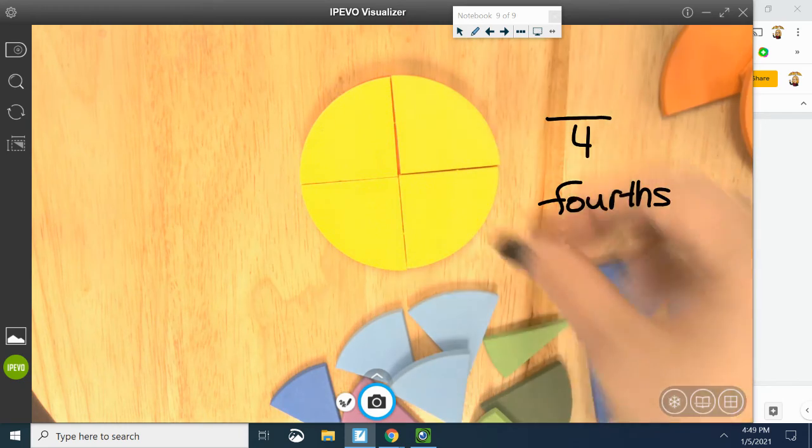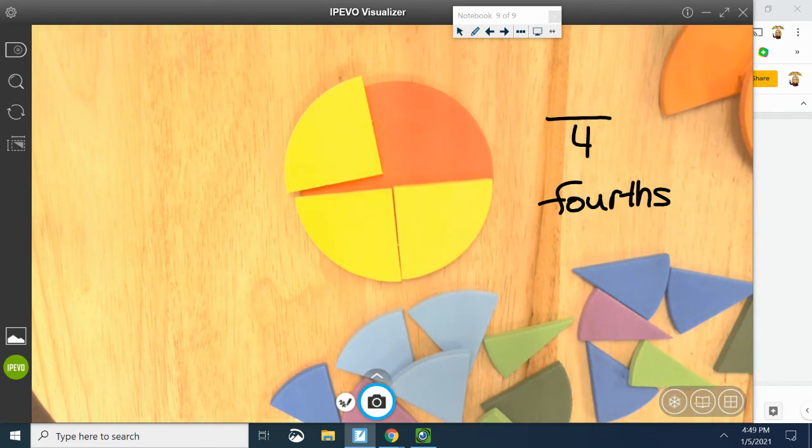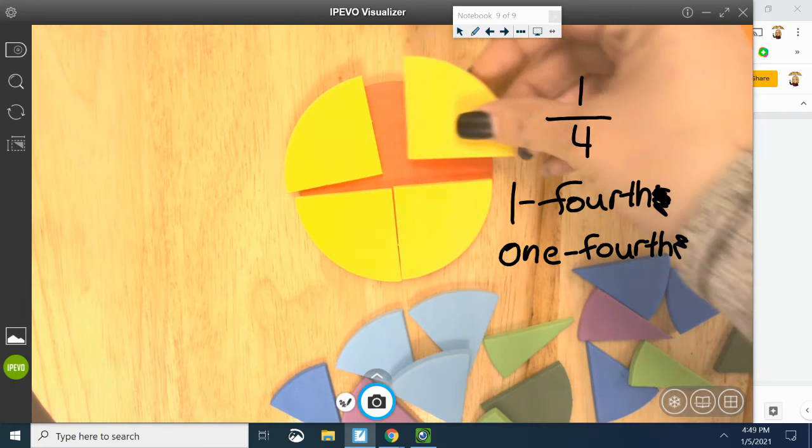Now, if I'm looking at just this piece, it is one of those pieces, so I would say 1/4. I could write it out like 1/4. And maybe yes, just one of them, 1/4.